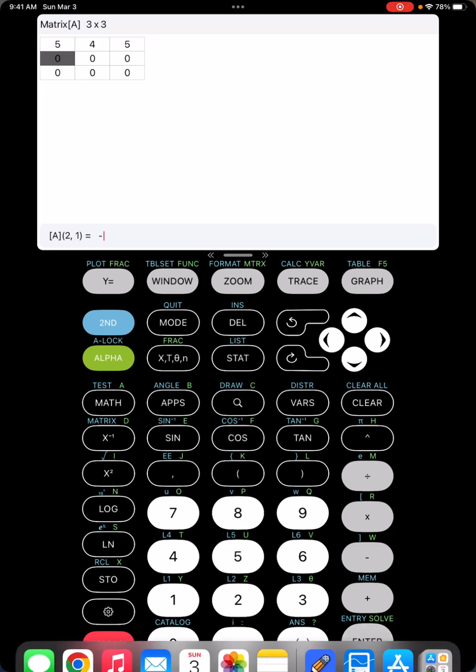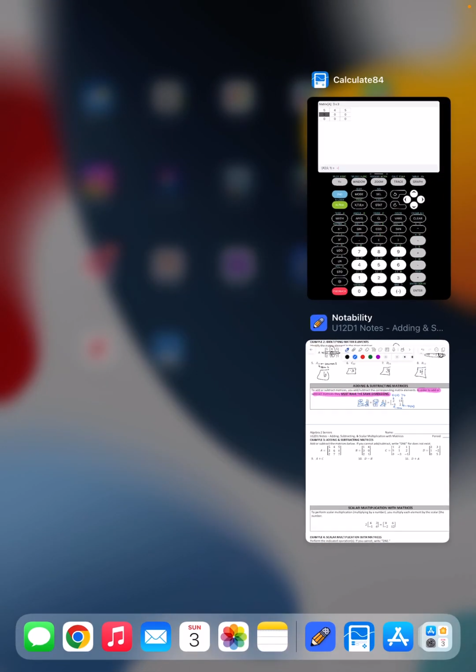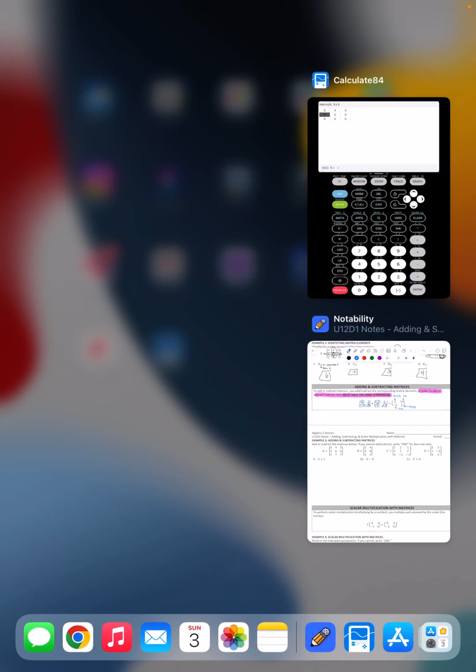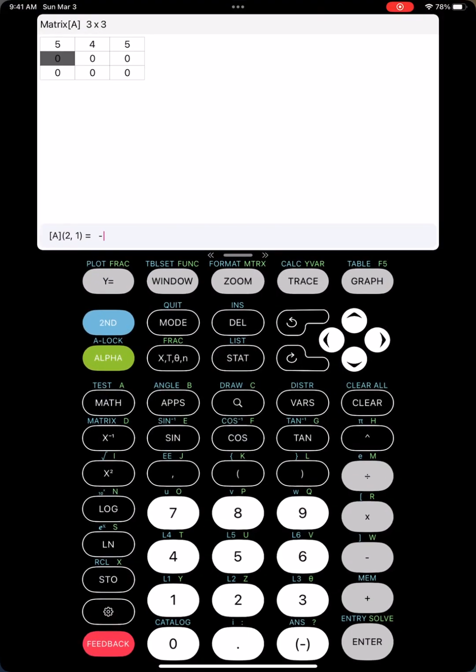You have to hit enter after each input, each number. So 3, 6, 6, 2, 7, 7. Okay, so we got that put in. Now we're going to put the rest of them in.